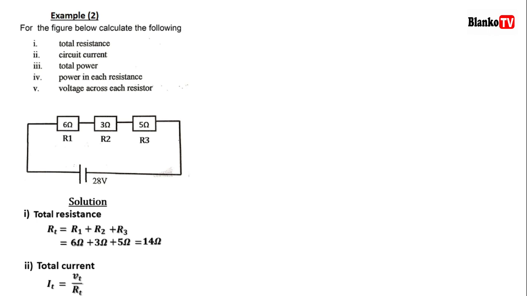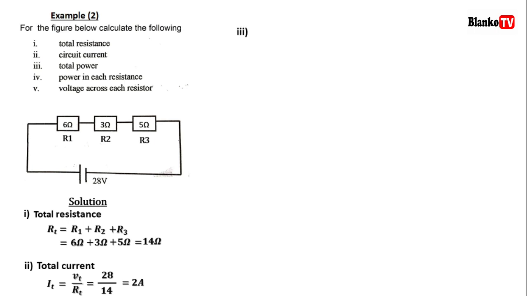That is, the supply current, or the total current, is equal to the total voltage divided by the total resistance. So we have 28, which is the total voltage, over the total resistance, which is 14. When you divide 28 by 14, we get 2 amps as our total current.